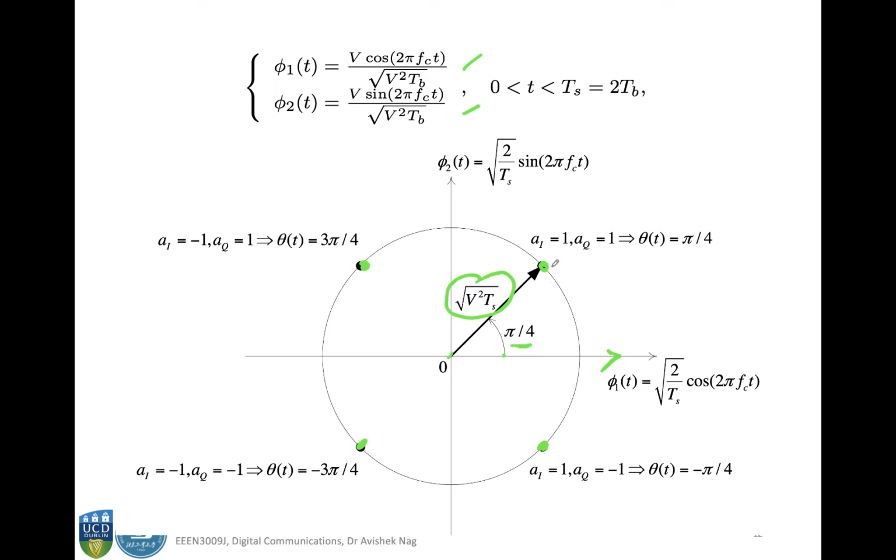Okay, so for this signal, let's say we call it S1, the phase is pi by 4 and the amplitude is this one. For all signals, the amplitude remains the same because they lie on the circle of radius square root of v square ts, but the phases are different. So this signal makes pi by 4, this signal makes 3 pi by 4, this makes minus 3 pi by 4, and this makes minus pi by 4.